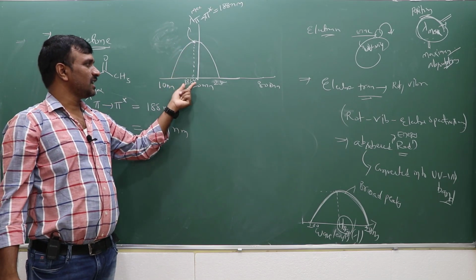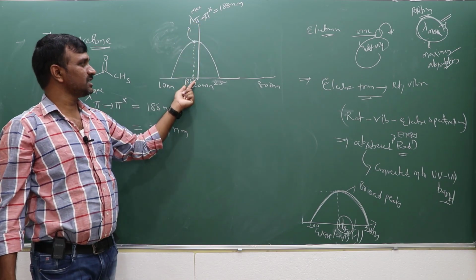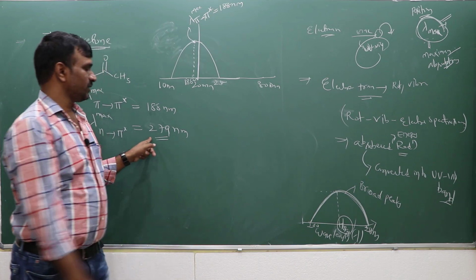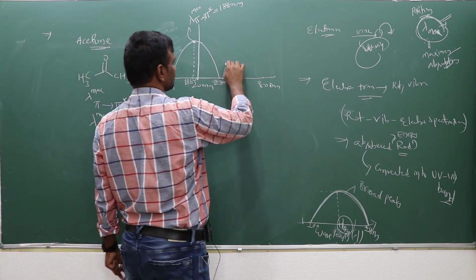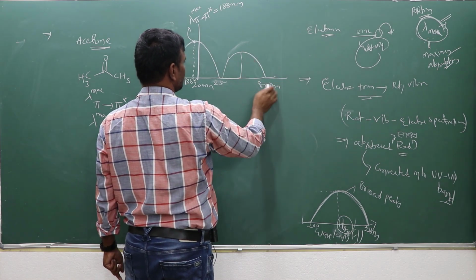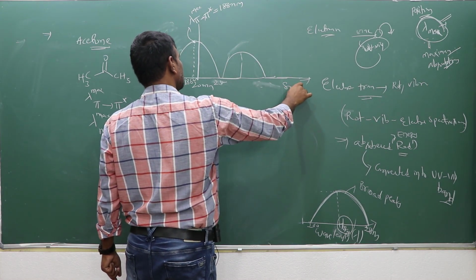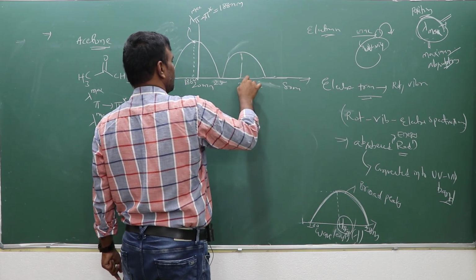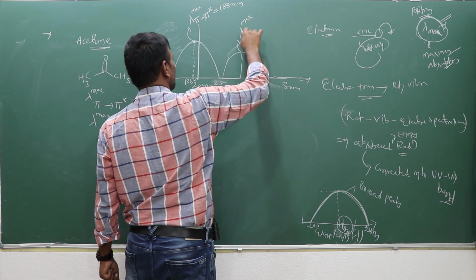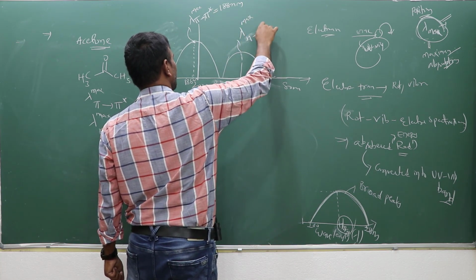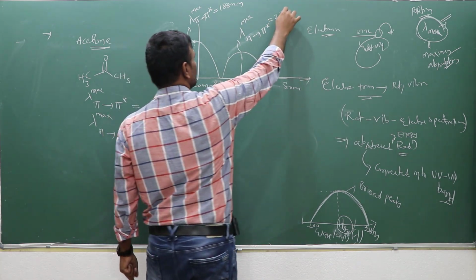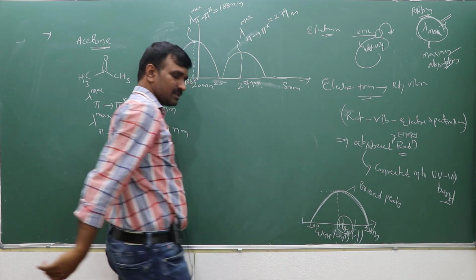In the UV visible band, the lambda maximum position of the pi to pi star transition is 188 nanometers. Another band is possible at 279 nanometers, which is the n to pi star transition.